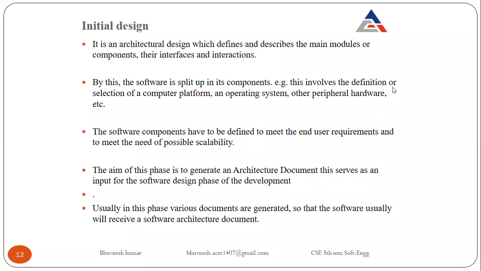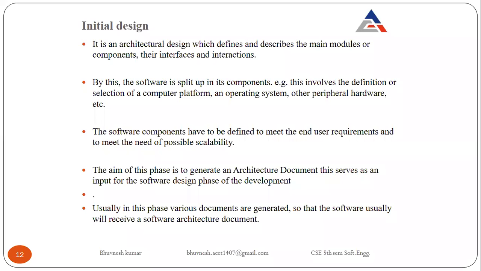This involves the definition or selection of computer platforms and operating systems or other peripheral hardware also. What does this mean? There is a division of components, and those components depend completely on the platforms. Platform means on which type of system your software will be developed or used.